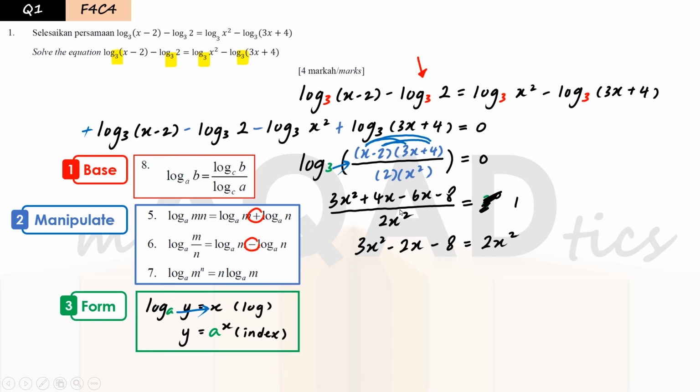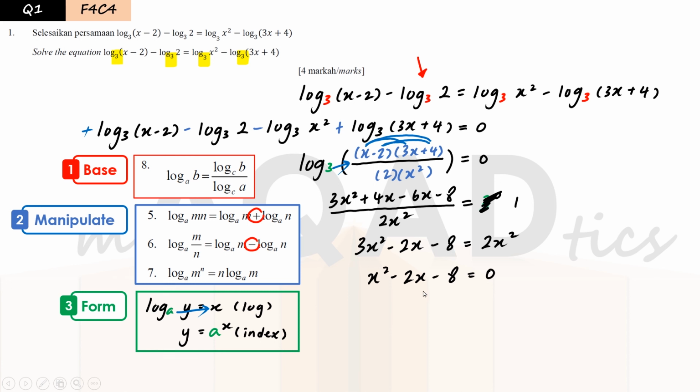Okay, and then on the left side, this 2 plus 4x and minus 6x can be simplified, so it becomes negative 2x. Then I'm going to move everything to the left side again. The 2x squared, I'm going to minus with 3x squared, so here we will be just x squared only. Now you see that this is actually a quadratic equation.